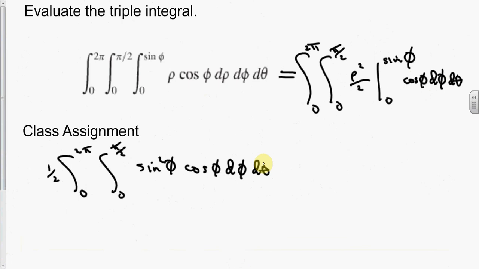So if you get power of 3, you're free to go. Did you let u equal to sine phi? So d phi picks up that cosine phi, d phi, good. So you end up with sine to the third divided by 3.